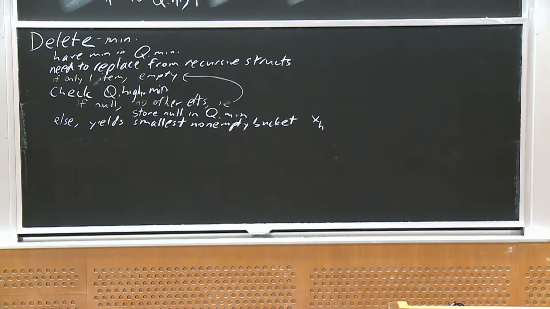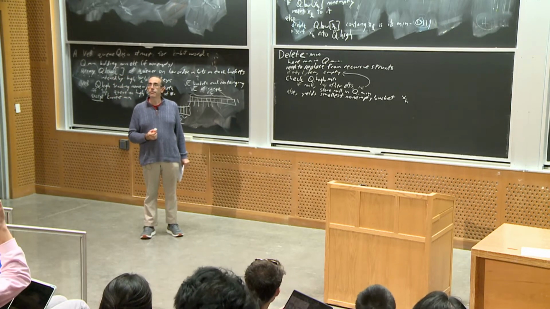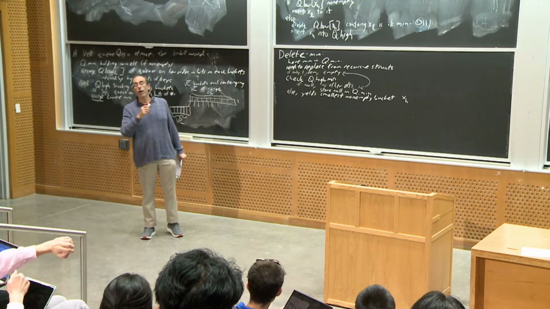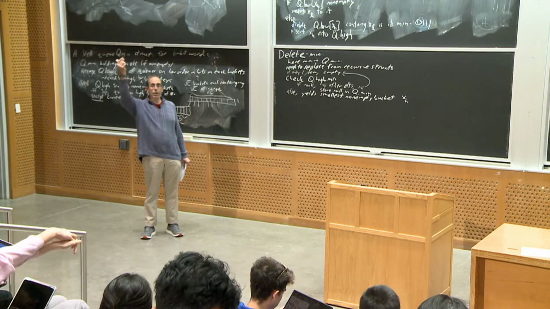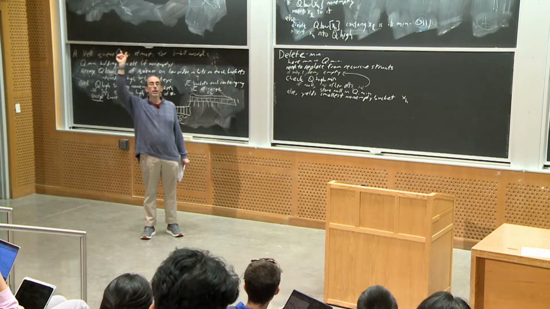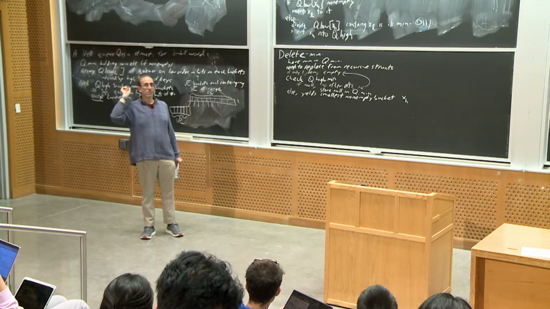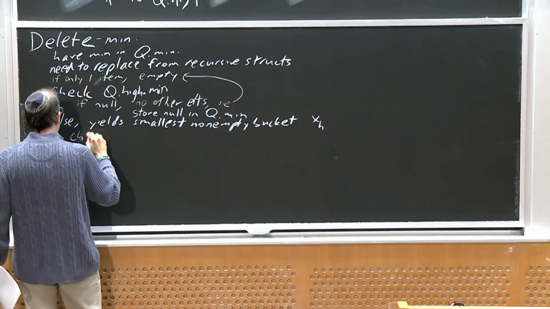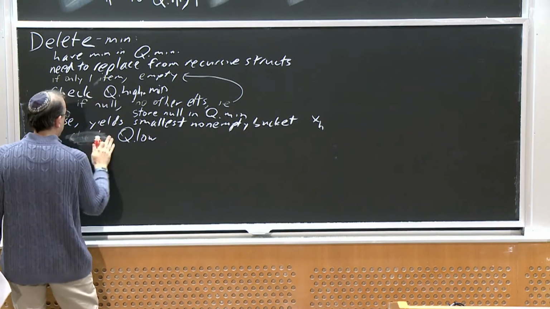Now that I know that smallest non-empty bucket, how do I finish finding the replacement minimum? Recurse where? Like, where should I look? I've got these high order bits. I've got b over 2 bits of the current minimum. Where do I find those low order bits? Exactly. I look in the low order queue, or sorry, not check, right?